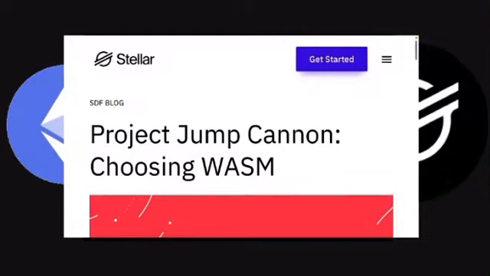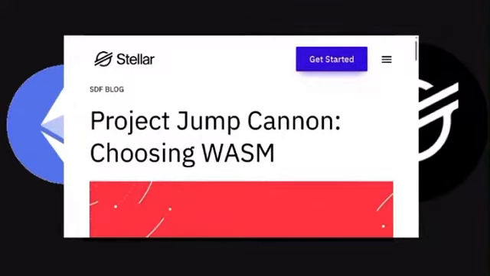What is WebAssembly? Well, I guess WebAssembly is WebAssembly. From what I understand, it's a more efficient way of coding for talking to your machine, your computer.